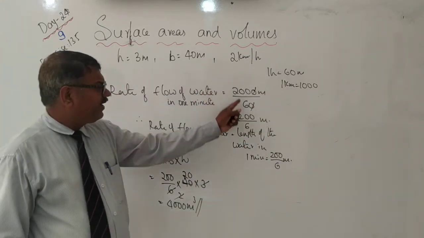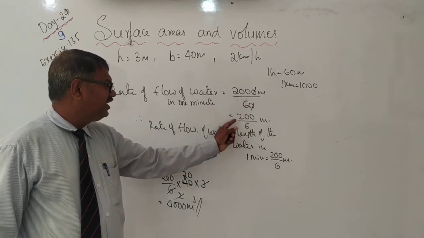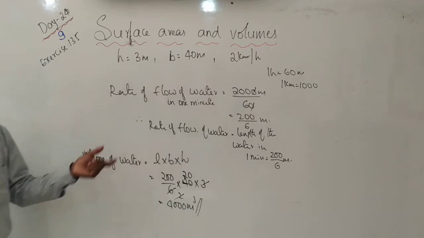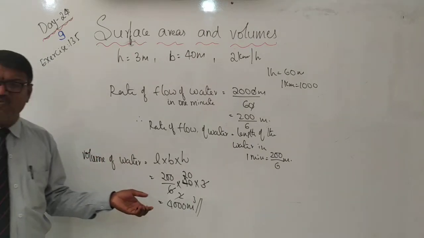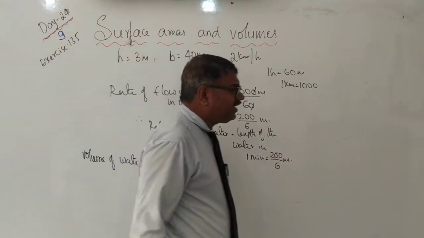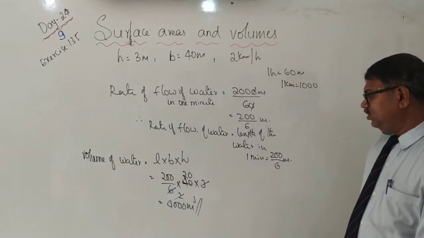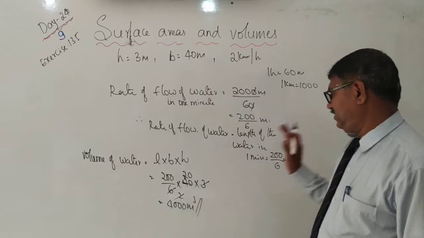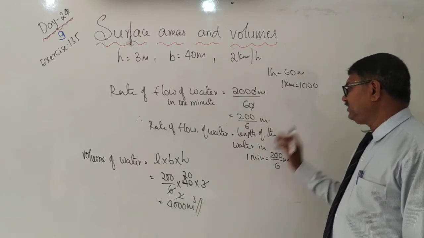Zero cancels. The rate of flow of water in 1 minute is also equal to the length of the water for 1 minute. Therefore, length is 200 by 6.